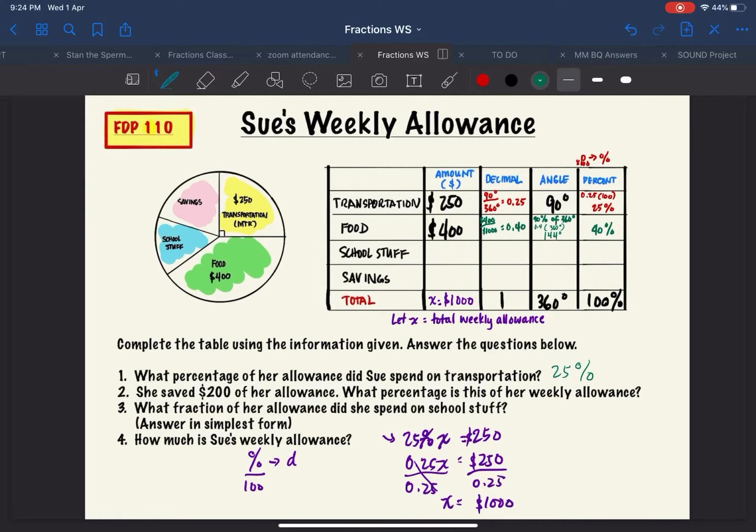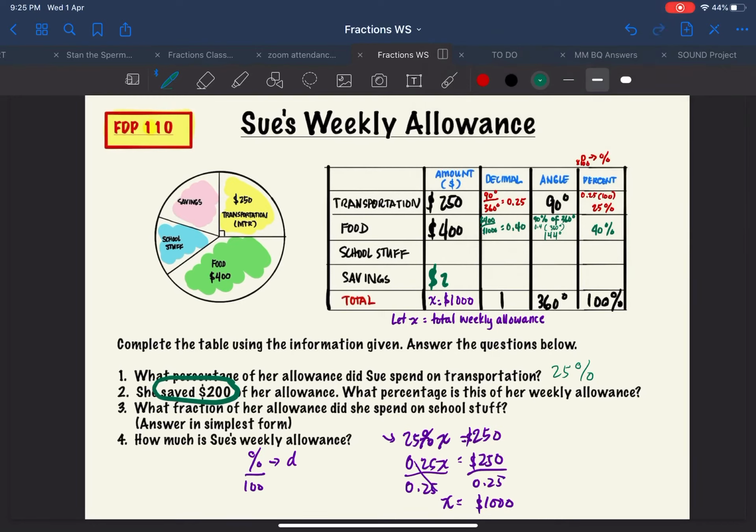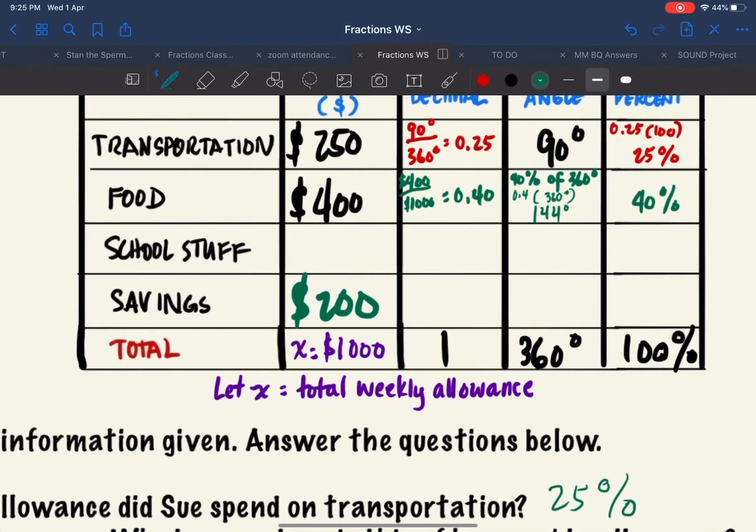She saved $200 of her allowance. So now there is another important information from here. See? She saved $200. So we know the savings is $200. So can I calculate the decimal for that? Of course. Okay?